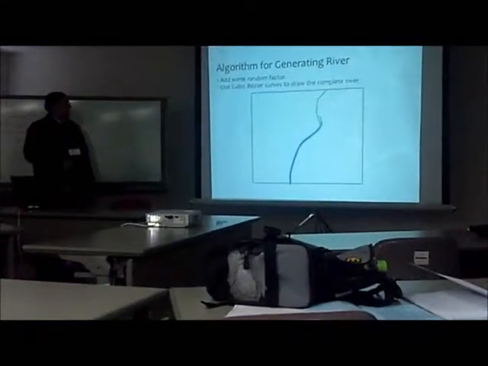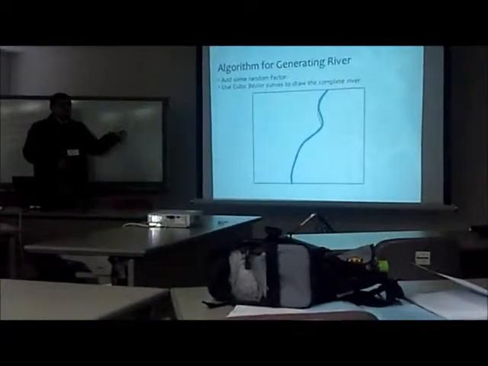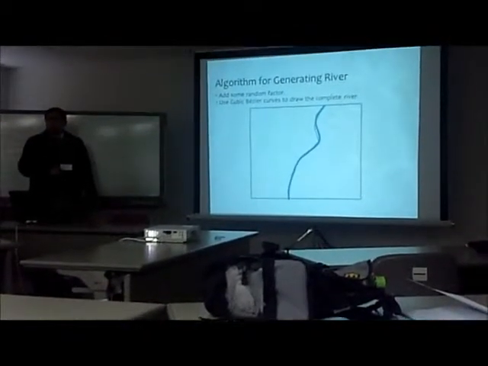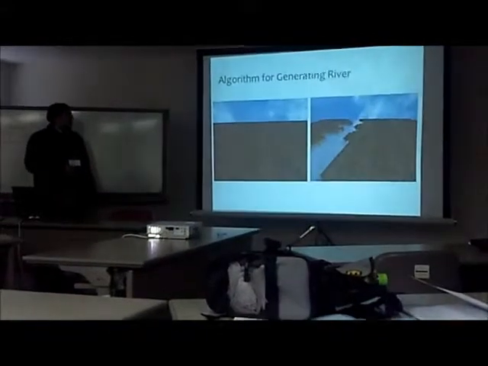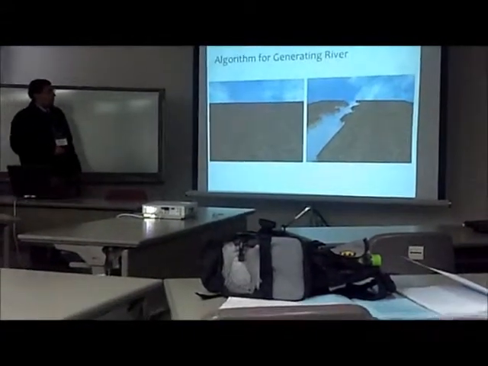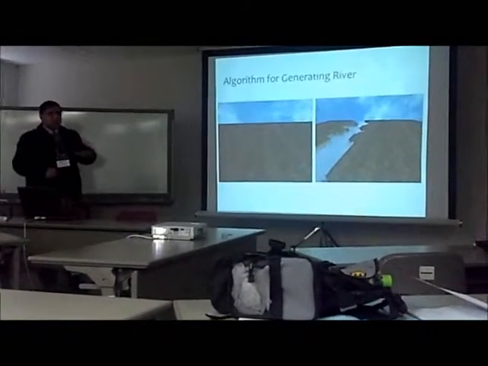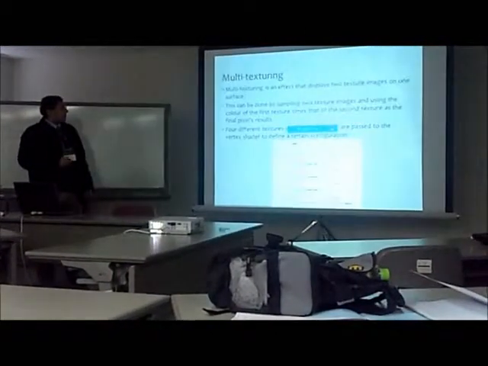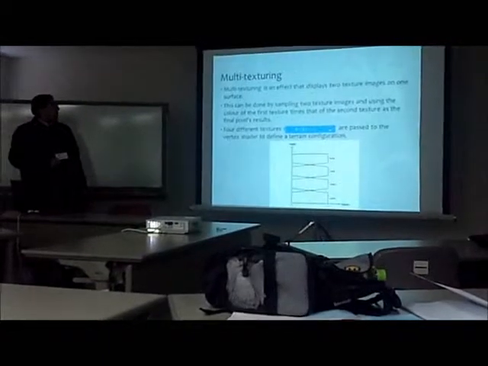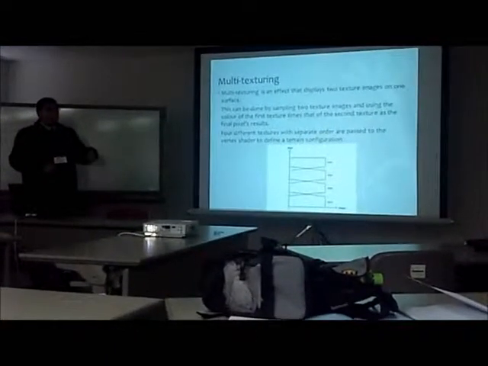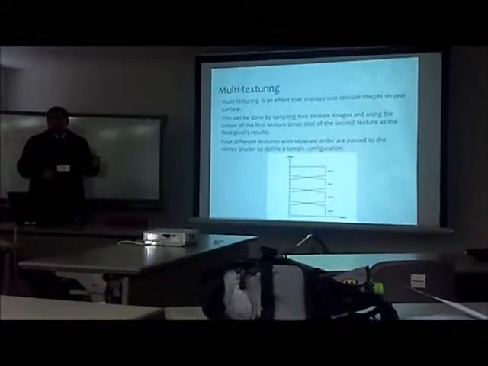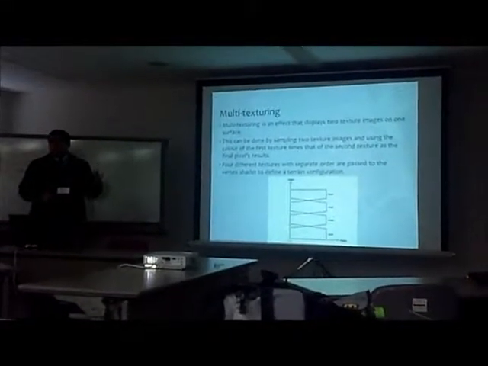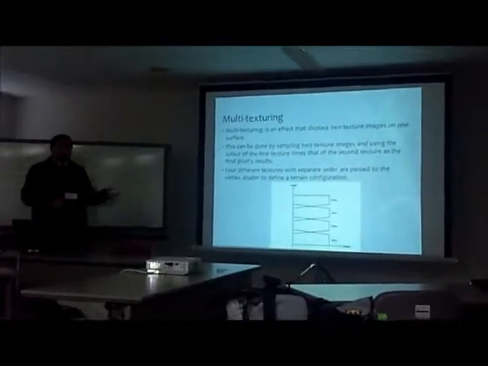And then I use a cubic Bezier curve to form a smooth river out of it. So the result is like this, so you don't get a very jagged river, you get a fairly smooth river. And then I'm also using multi-texturing in order to define the terrain. It's based on a height map, so the higher the height, the more the texture changes.